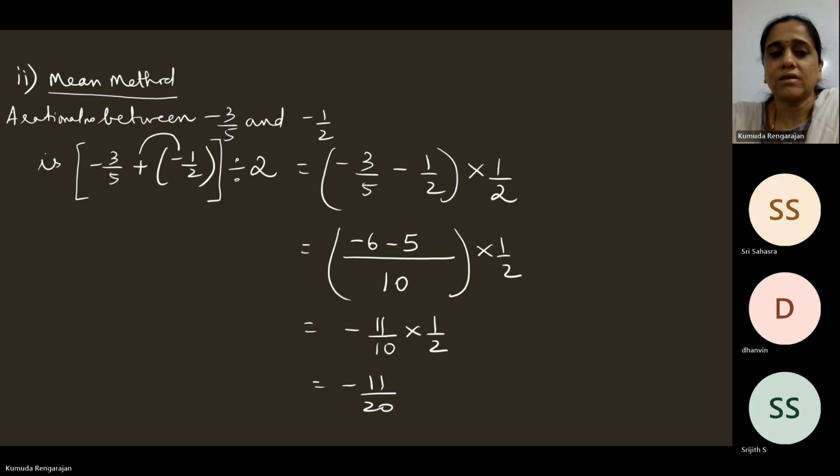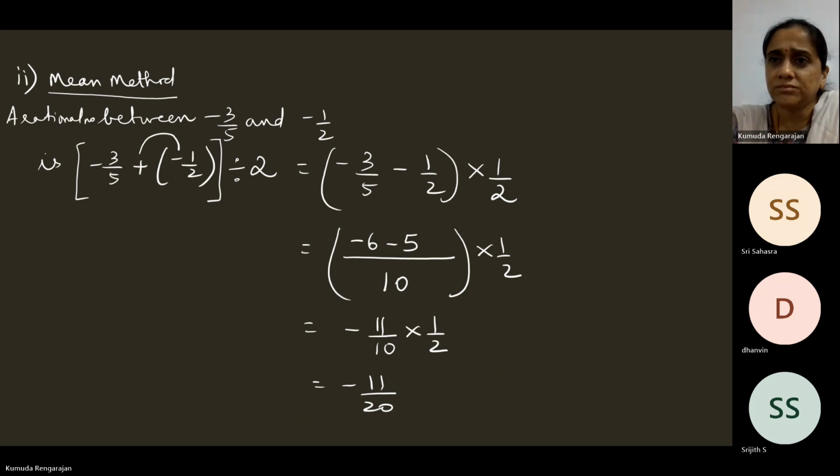Yeah. This is the mean method to insert rational numbers between two given rational numbers. Add the two numbers, divide by 2. That's all. They'll say half of A plus B. Half of a number is nothing but dividing the number by 2.